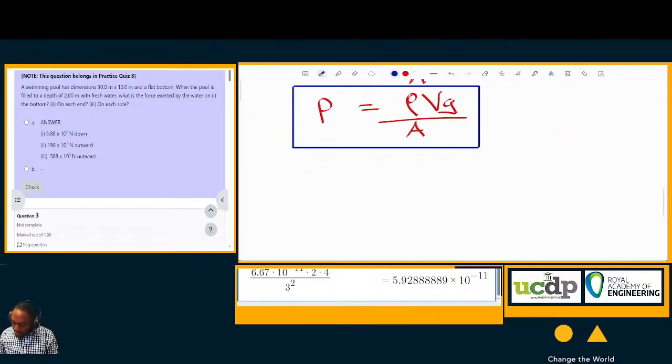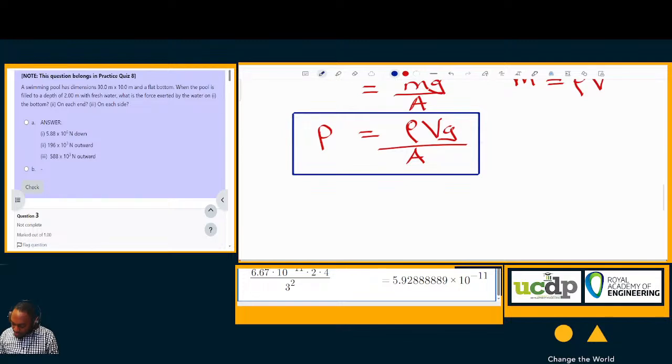So if this is your swimming pool, this is your width, this is the bottom of the pool, and this is your length. And obviously we cannot see the height because this is showing 2 dimensions.